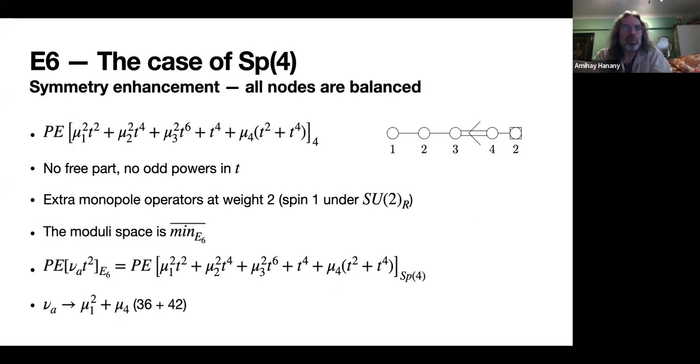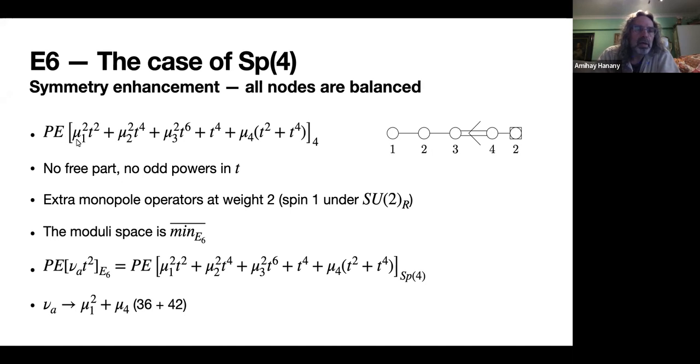So here's one of those simple moduli spaces. In this case, because this node is balanced, I get a symmetry enhancement. So this quiver diagram is no longer a bigger Dynkin diagram of a finite dimensional Lie algebra, but we will see that we can extract a finite dimensional symmetry.